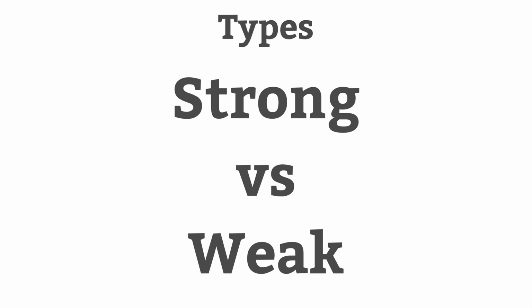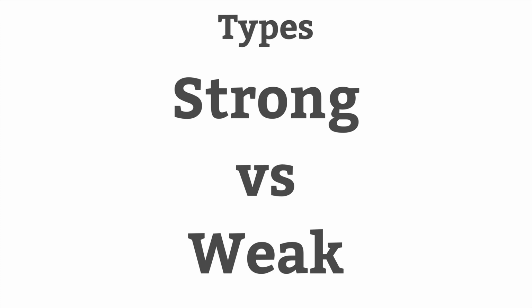Here's a general and imprecise definition I'll use for strong and weak typing. A strongly typed system requires more discipline in how you use and operate on types. A weakly typed system requires less discipline and has looser rules.